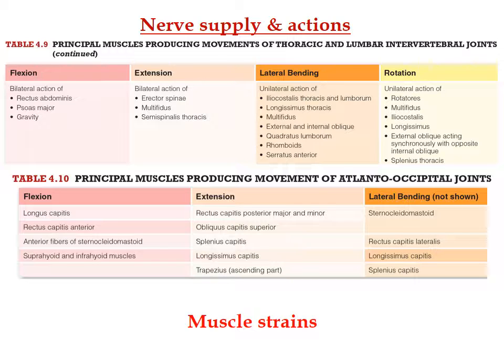If you have time, please kindly go through them. You don't have to remember everything at present. The purpose of studying these muscles of the back is to understand muscle strain. If you have a muscle strain in the back, which muscle is involved, where is the problem? You must be able to differentiate.